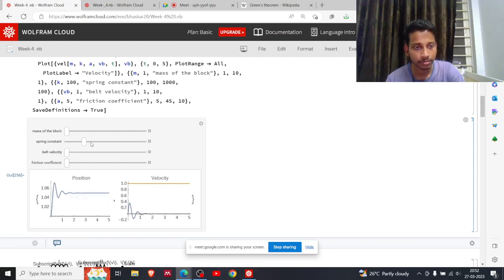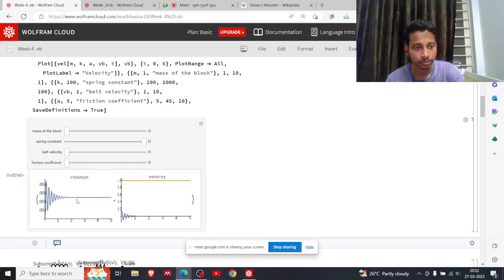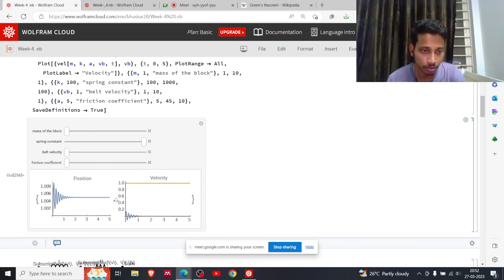Now I am increasing the spring constant. You can see it is increasing the oscillation, but it is not happening for a longer time. So basically the spring constant oscillates the block, the mass, very quickly.